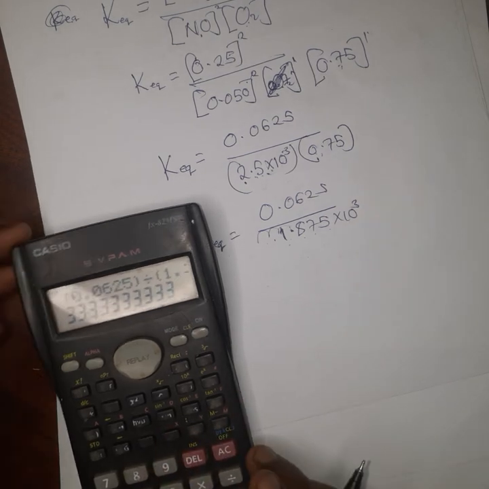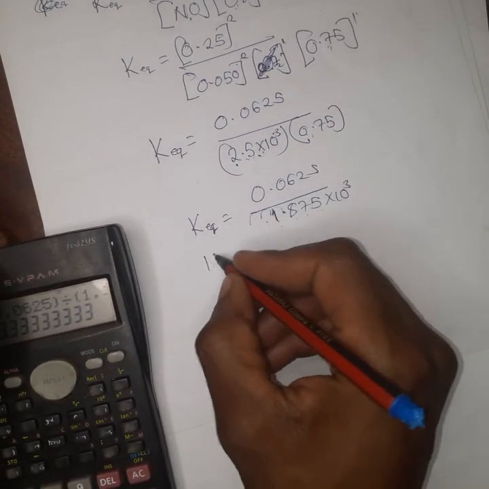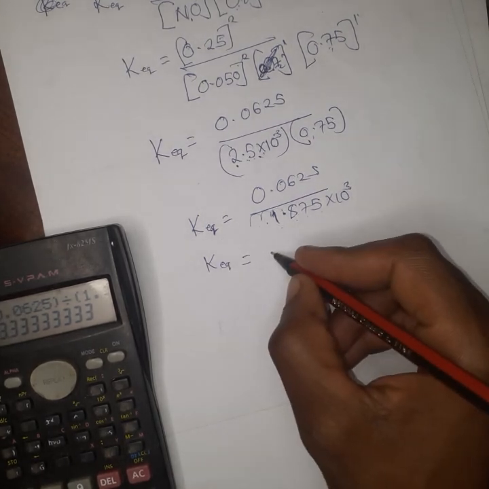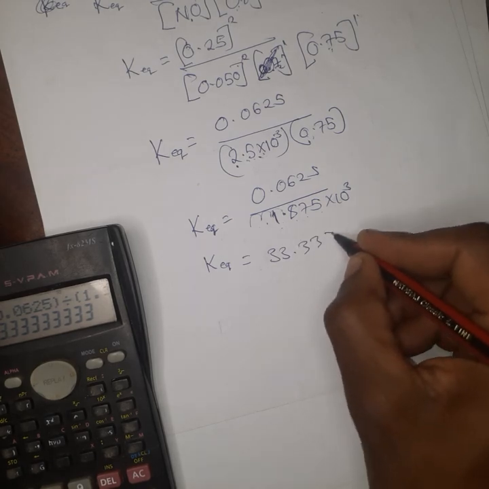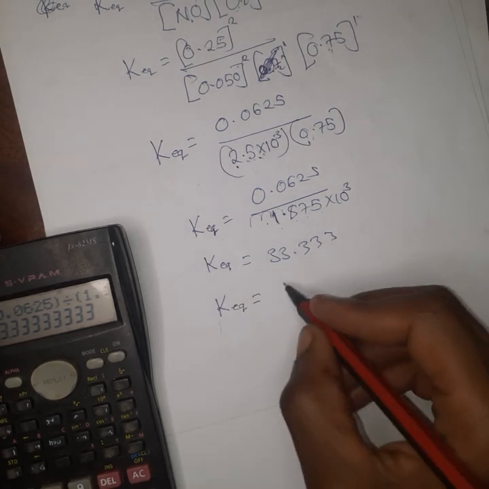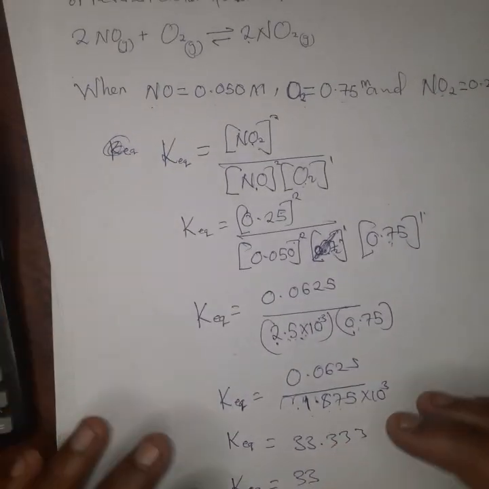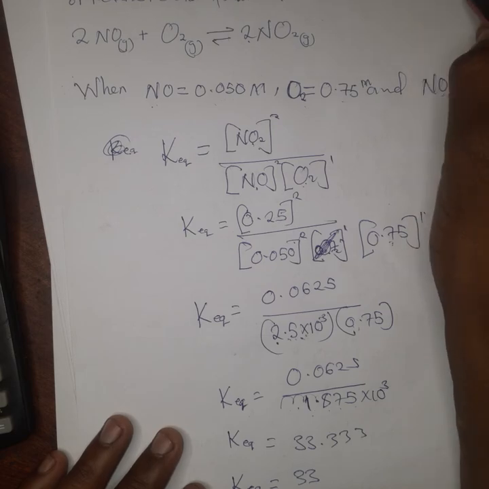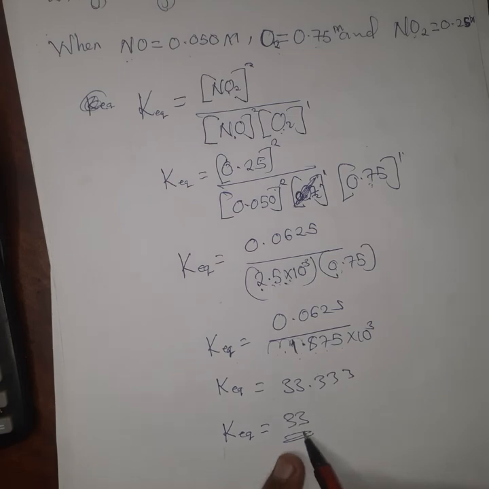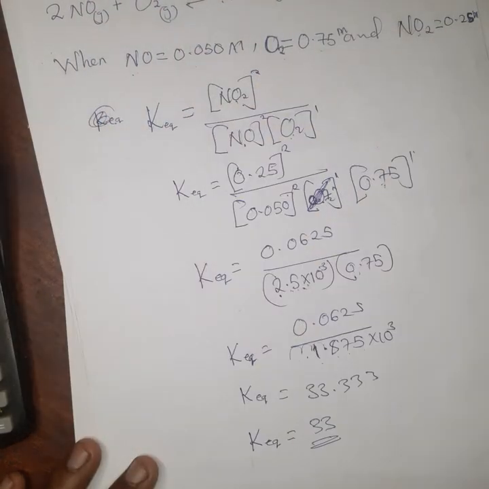The answer we'll have is K, the equilibrium constant, is equals to 33.333, which is the same as the equilibrium constant is equals to 33. Okay, so now there are two questions there. You calculate, and now you need to determine if the forward or the reverse reaction has been favored. So you can see that the constant is greater than 1, which means that the forward reaction has been favored. The reaction is going to the right side.